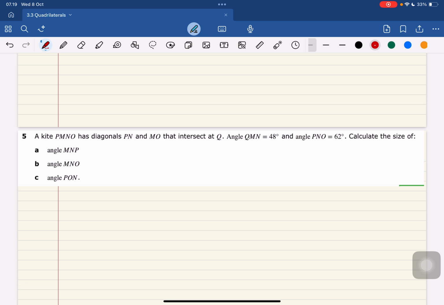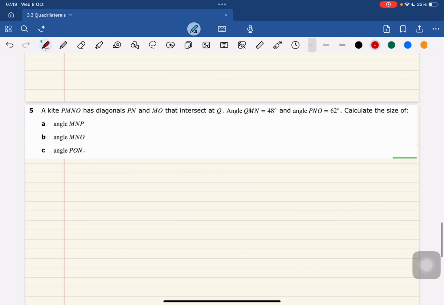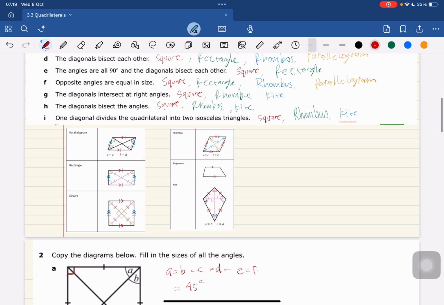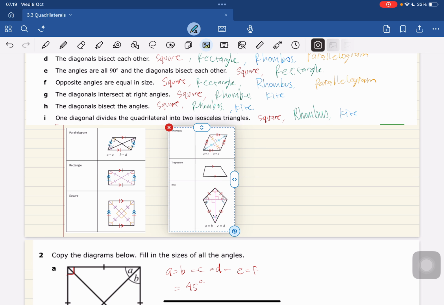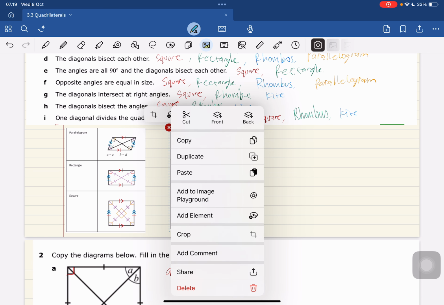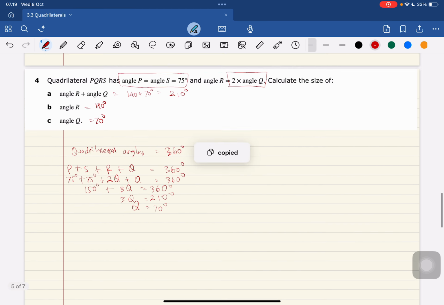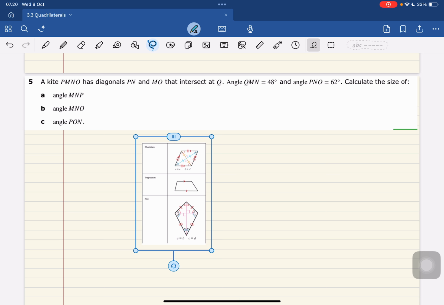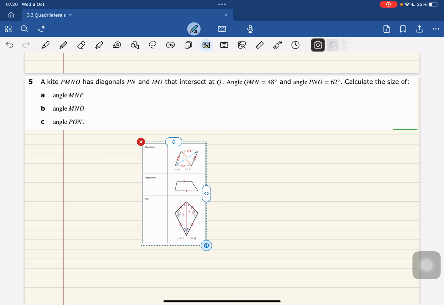So in a kite, the diagonals are perpendicular. If you would like to draw it, here is the kite, so let's copy it and paste it here.